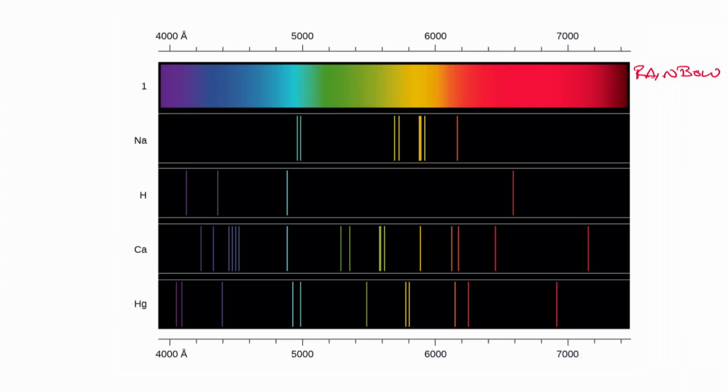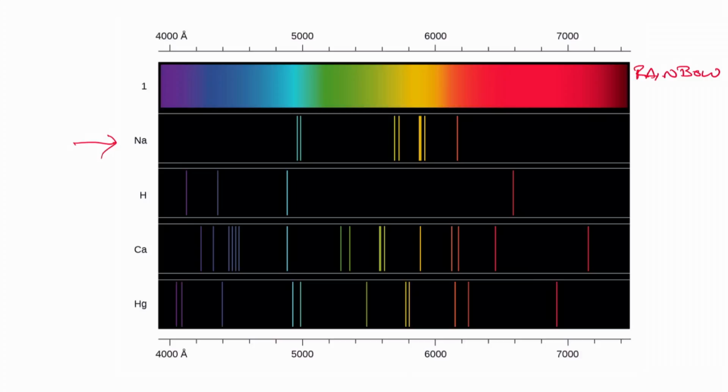But what they actually observed was something very different. Different elements would give them different, what are called absorption spectra, different lines or different peaks in the graph. So for example, for sodium, there were a bunch of lines, some that were yellow, some that were orange, some that were light blue. Hydrogen gave them purple and orange.